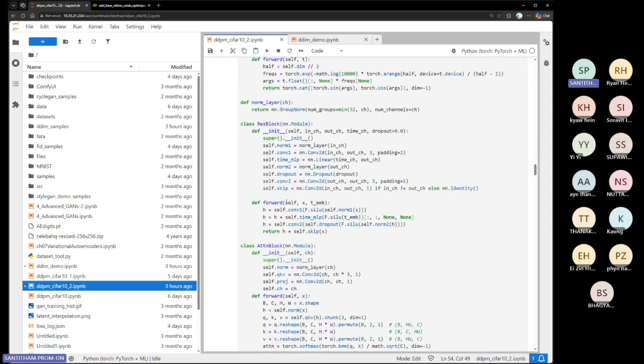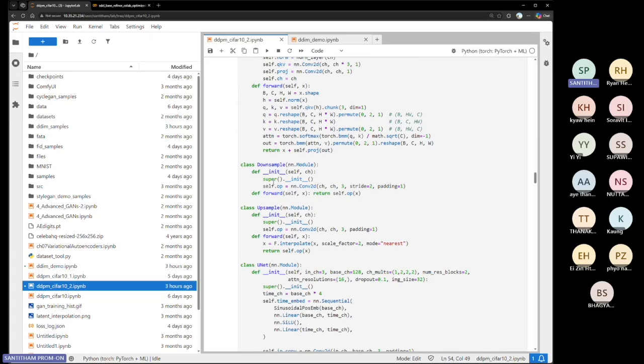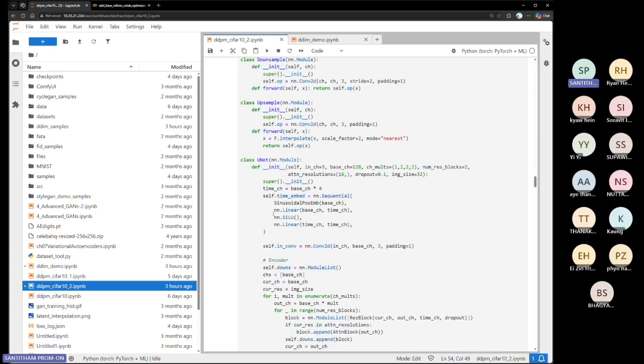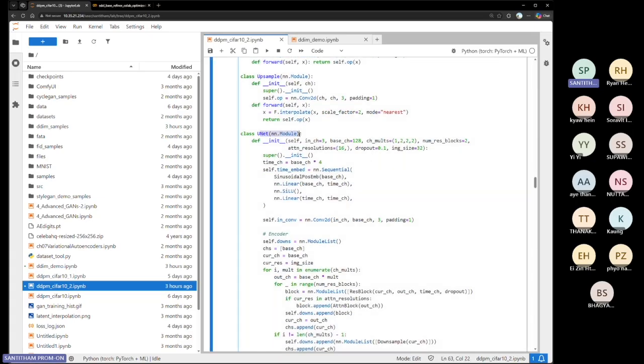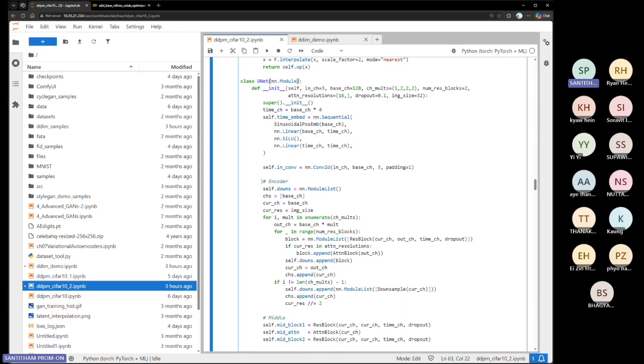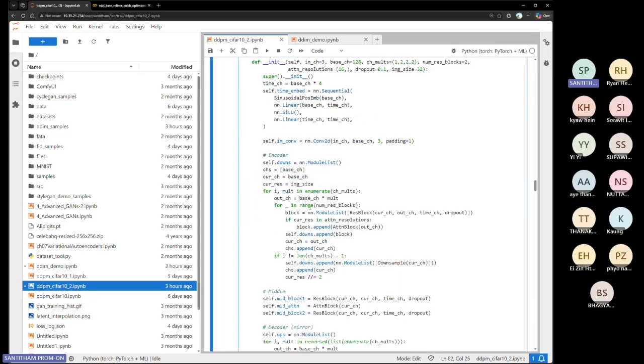And the model we are talking about is the UNet. UNet contains the residual block, attention block, and the down sample and up sample. So this is the UNet. It contains the encoder part, which will down sample the data to a lower rate.